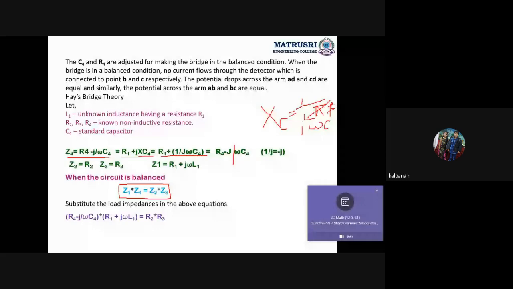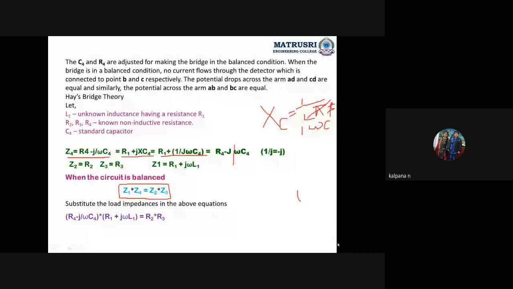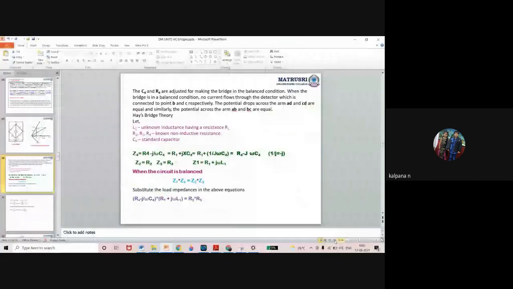Now we got all the Z values, and the balance equation is also there. So substitute all the impedances. After substituting and multiplying, what we are getting: R1 R4 plus L1 by C4 plus j omega L1 R4 minus j R1 by omega C4 is equal to R2 R3.